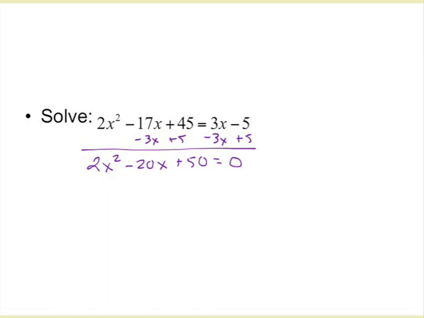Now we want to look if there's anything that divides evenly out of every term. 2 divides evenly out of every term. So we learned when that happens, we can make one big parentheses and just divide each number by 2 all the way through.